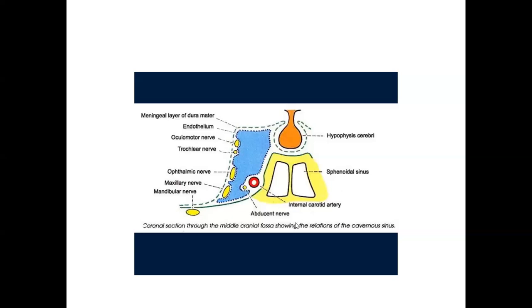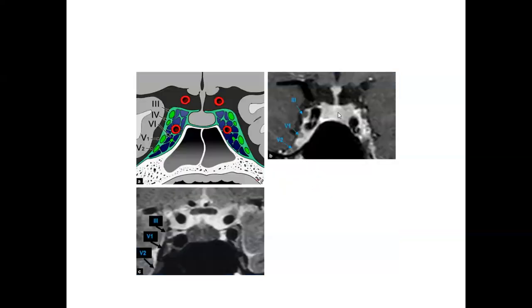So it is sitting in correct order, isn't it? Yes. 3, 4, V1, V2. The content is the internal carotid artery, and inferolateral to this internal carotid artery is the abducent nerve.